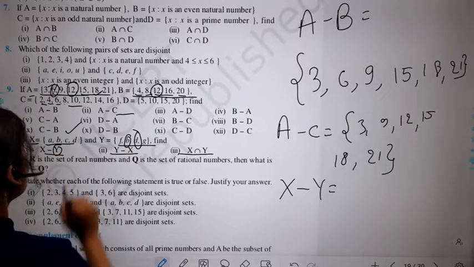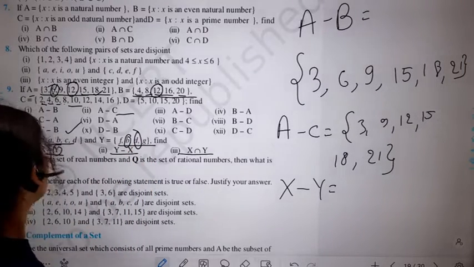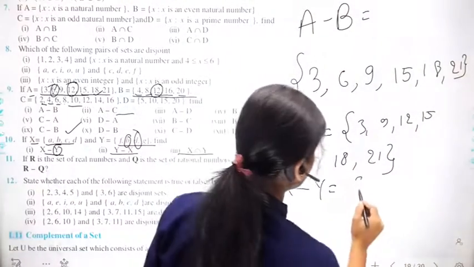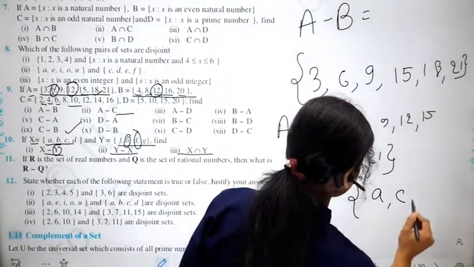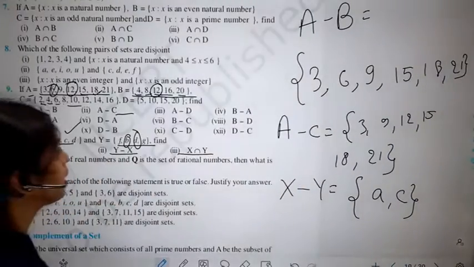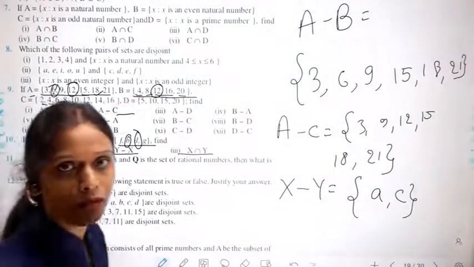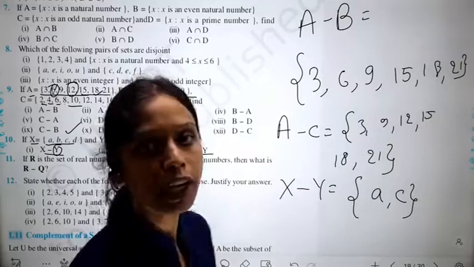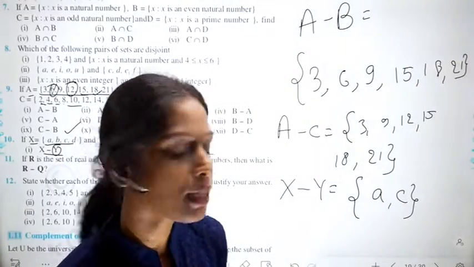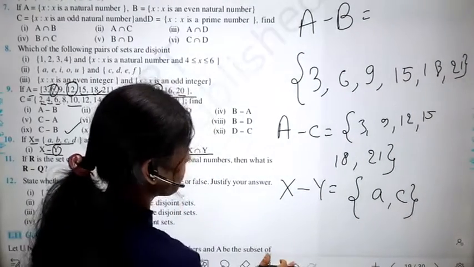Then what will remain in X? A and C. Okay, like that you subtract Y minus X, and you know the concept of X intersection Y, and it is very clear.